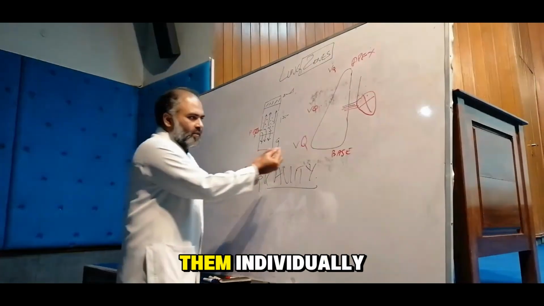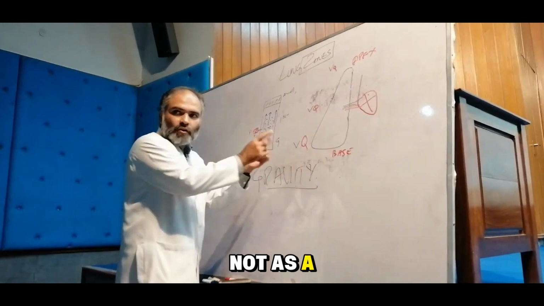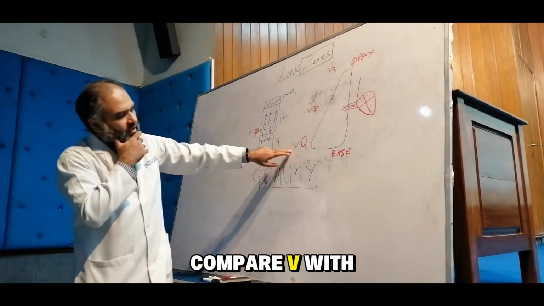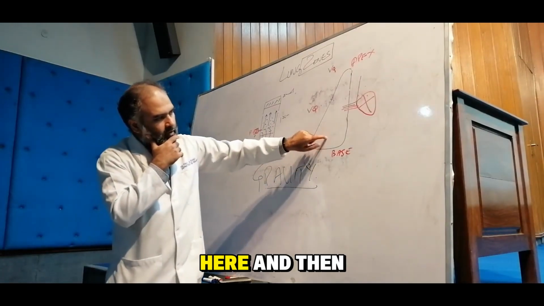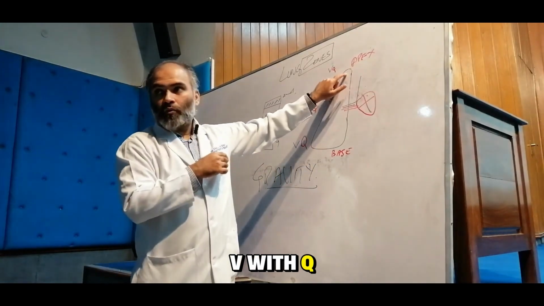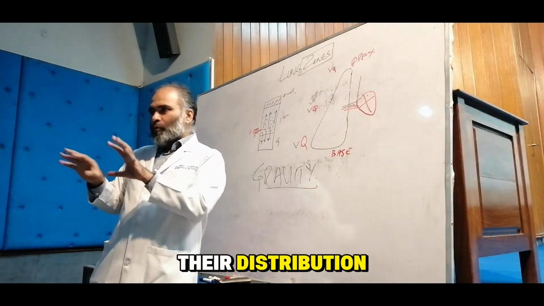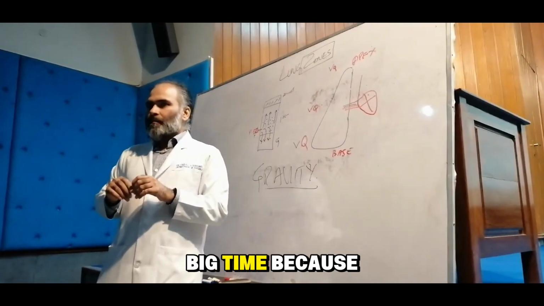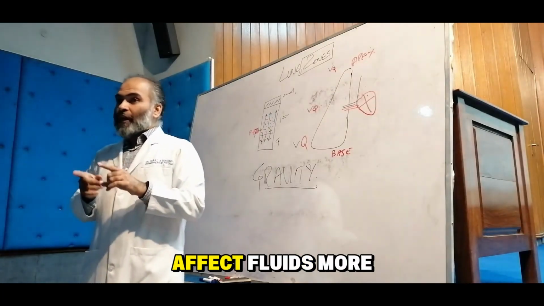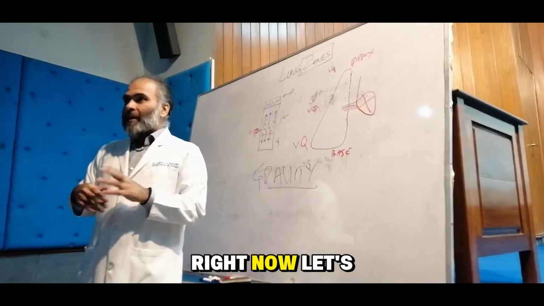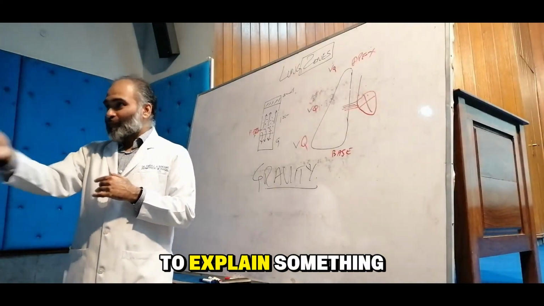Can we compare them individually, not as a combo? If I were to compare V with Q here, and then V with Q here, is there a difference between the patterns of their distribution? Yes. Big time. Because gravity tends to affect fluids more than air, something that you're stuck on, right? Now let's use your confusion to explain something.